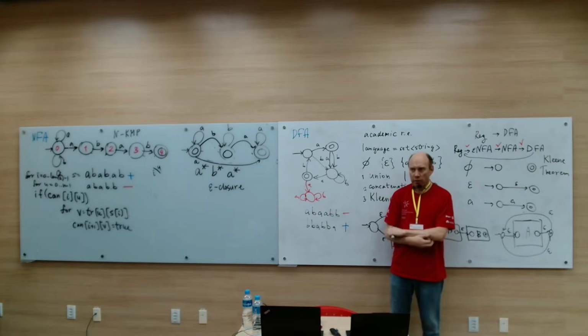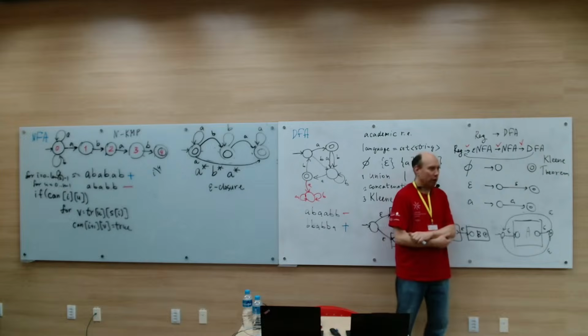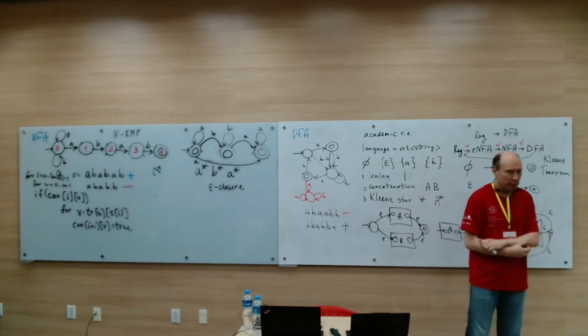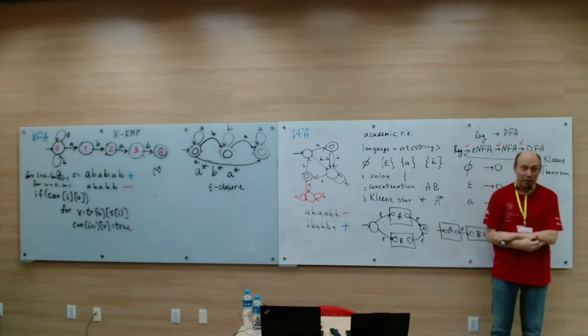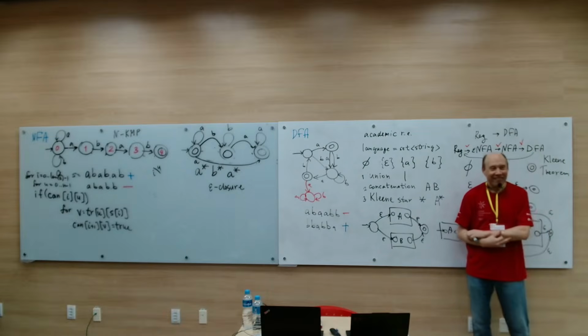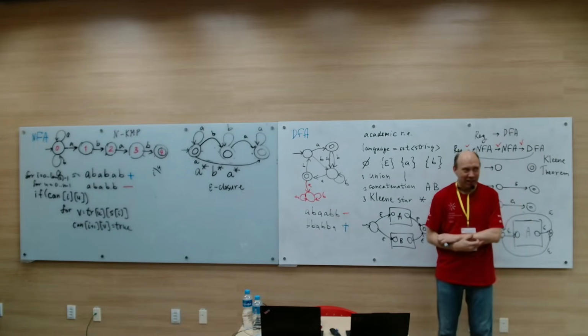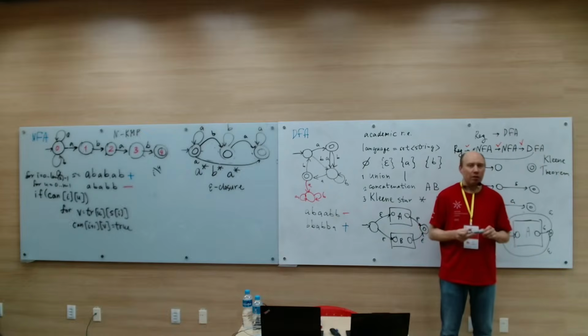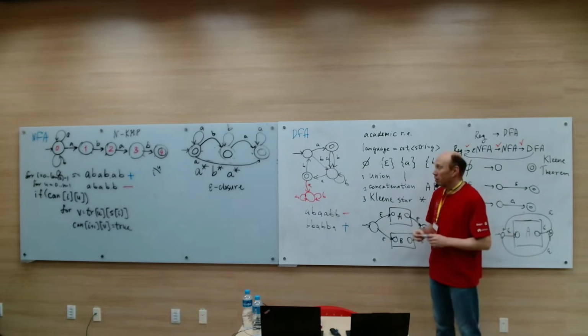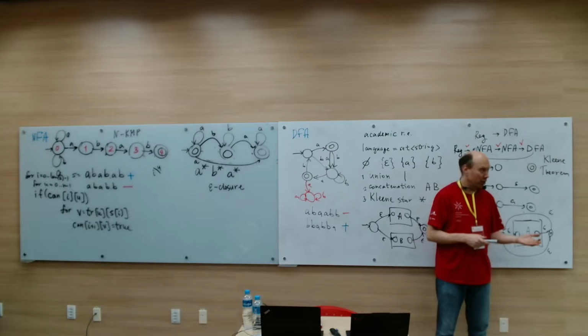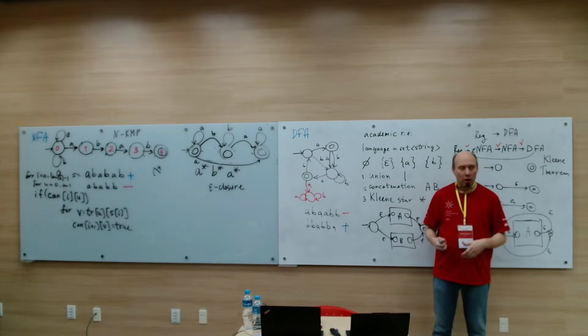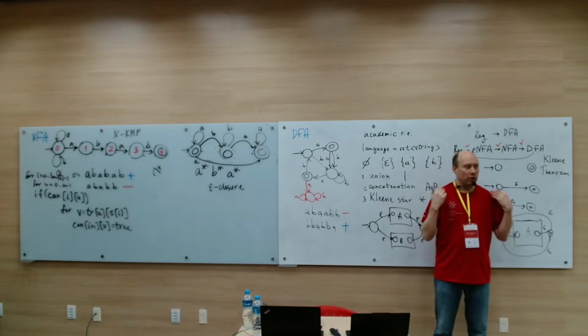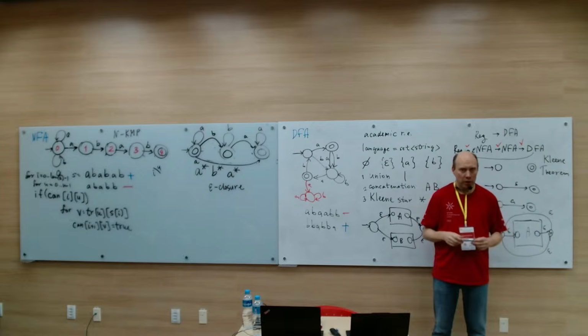So since it's a graph, you can use graph algorithms on that: DFS, check whether it is cyclic or acyclic, find its strongly connected components and make some conclusions from those.